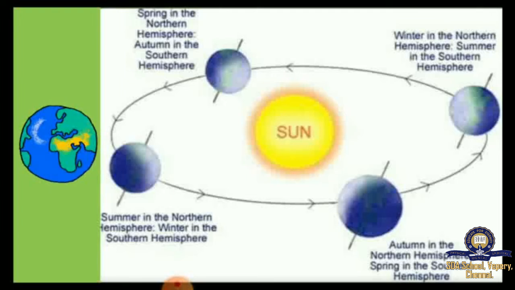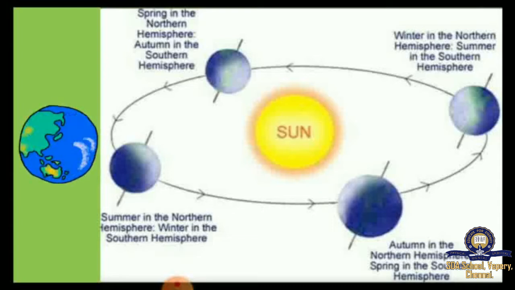And next is winter, that is position 4. The south pole is moved towards the sun, so the southern hemisphere gets more sunlight. Therefore, it is summer. During this time, the north pole is tilted away from the sun.